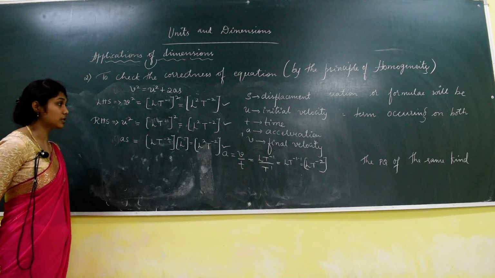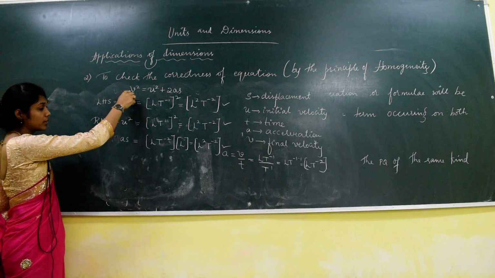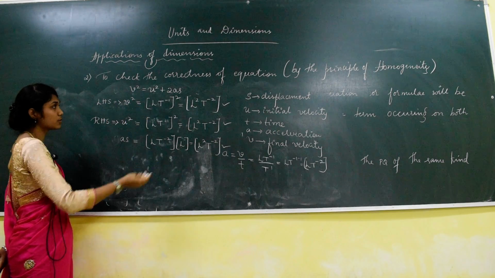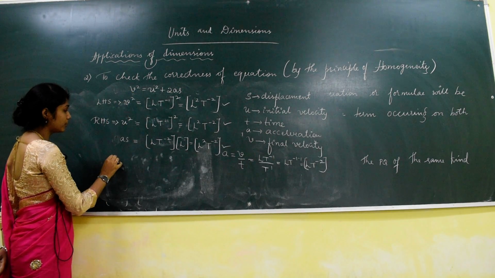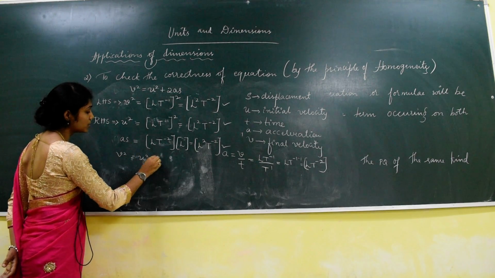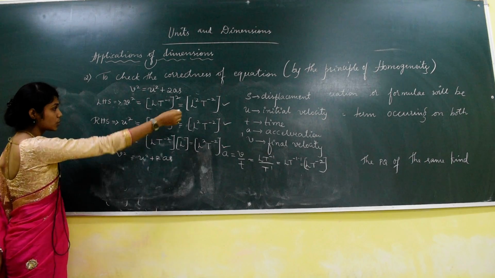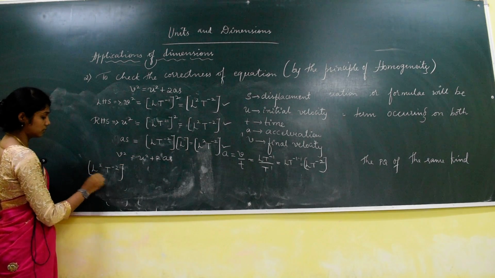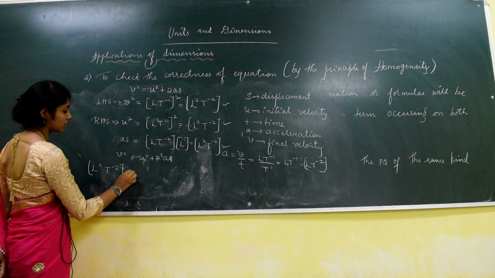See the dimensions here. Now by considering this formula, I'll see whether LHS is equal to RHS here. So v square is equal to u square plus 2as. For v square, I got the dimensions L square T minus 2.